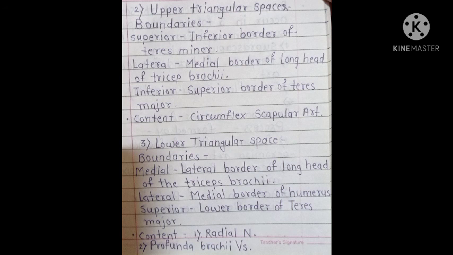Then the lower triangular space. The boundaries of the lower triangular space are medially the lateral border of the long head of the triceps brachii, laterally the medial border of the humerus, superiorly the lower border of the teres major, and its contents are the radial nerve and the profunda brachii vessels.